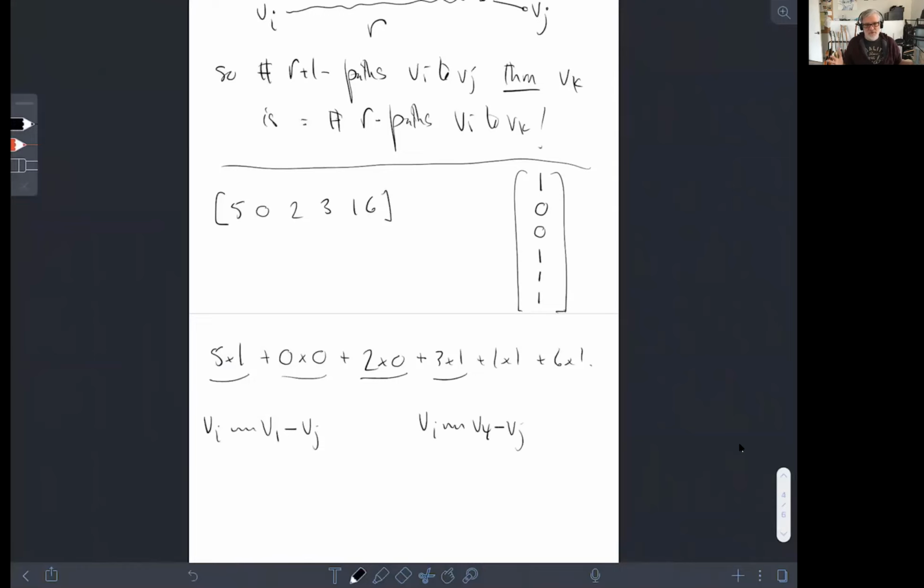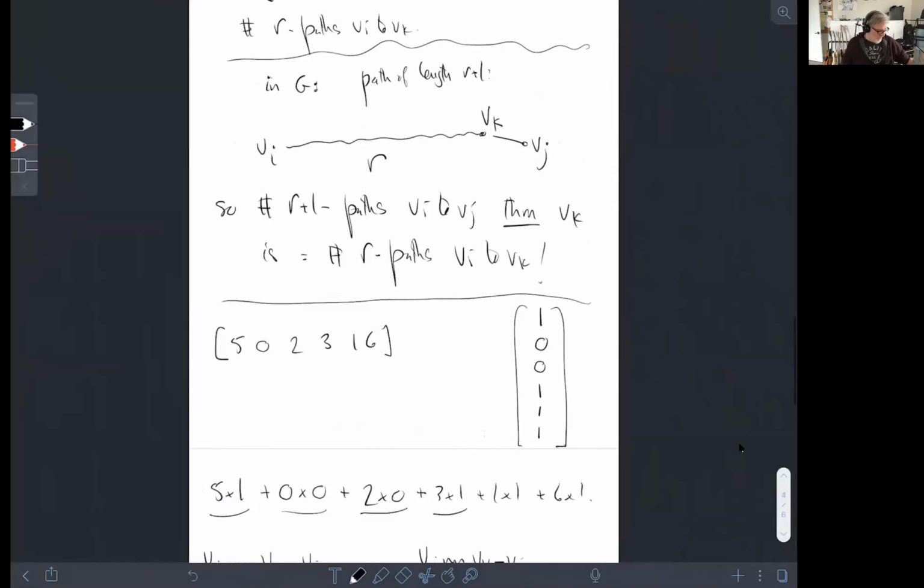I'm not being very formal, but I'm just trying to convey the idea. Maybe I'm not doing this very well. Yes, no, maybe. I think it works. Yeah, that's fine. Okay. But that's really the key idea right here. This is the trick. Okay, so I'm trying to count the number of paths of length R+1 from one vertex to another.